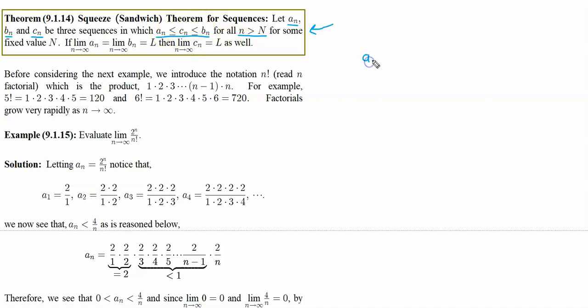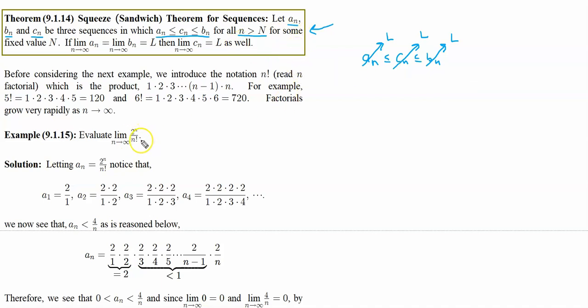So if you have this inequality that always holds, and the a_n's are converging to L, and the b_n's are getting closer and closer to L as n goes to infinity, then of course the c_n's must be getting closer and closer to L as n gets larger and larger as well. Okay, so that makes sense.